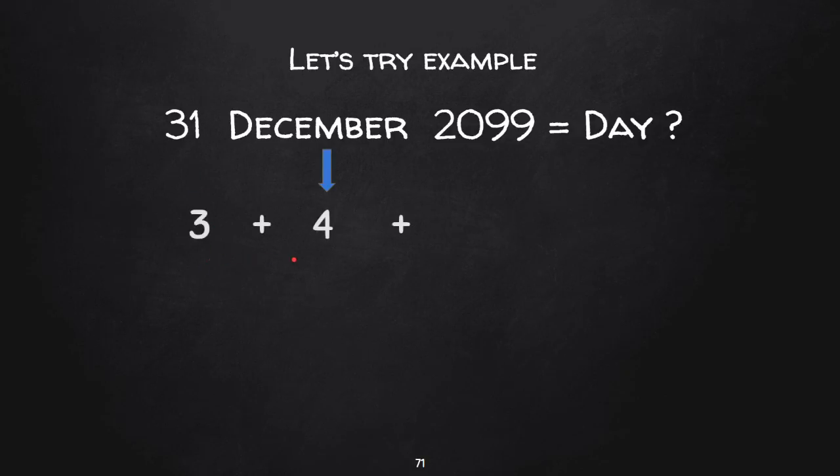That is 3 plus 4. 3 plus 4 is 7. And subtract the multiple of 7 from this number and we get 0.